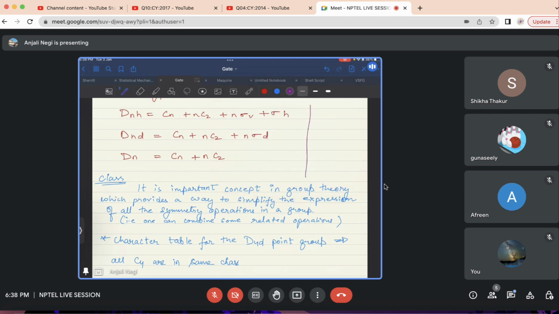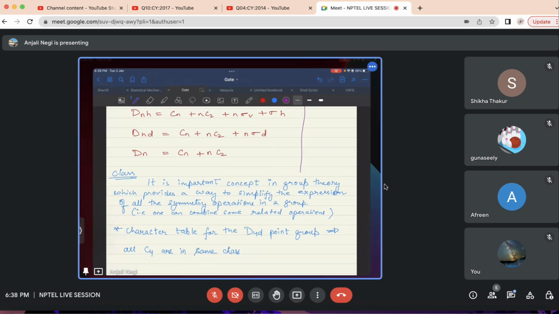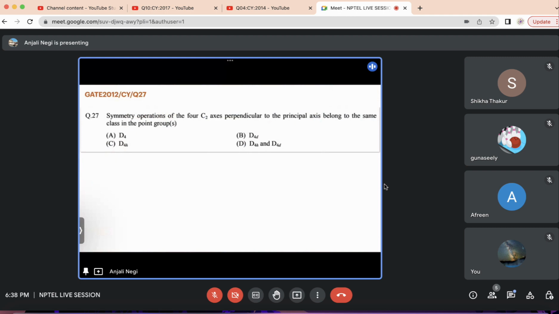Okay, I will just write it down. So in our problem, I will again just go through the problem here. So as you can see here, we are given the symmetry operations of the 4 C2 axes perpendicular to the principal axis.